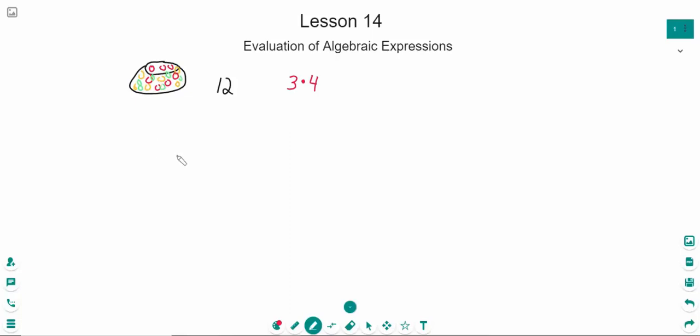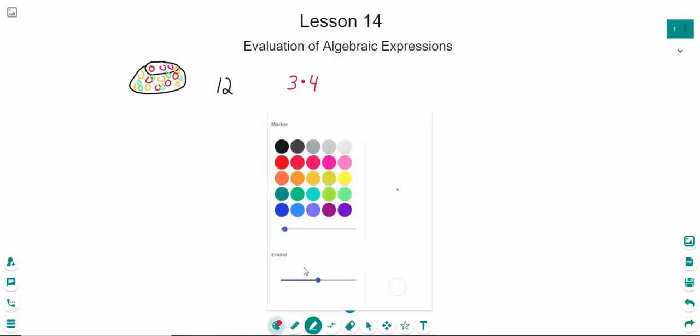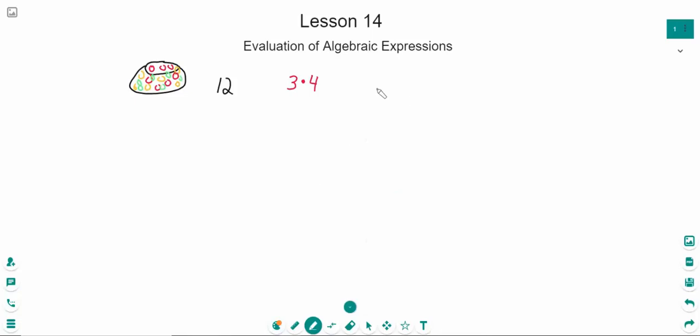3 times 4. I might say another way to write the number 12 might be 11 plus 1. That might be another way to express 12 on paper. We could go on infinitely. We could say it could be written as 2 times 6.